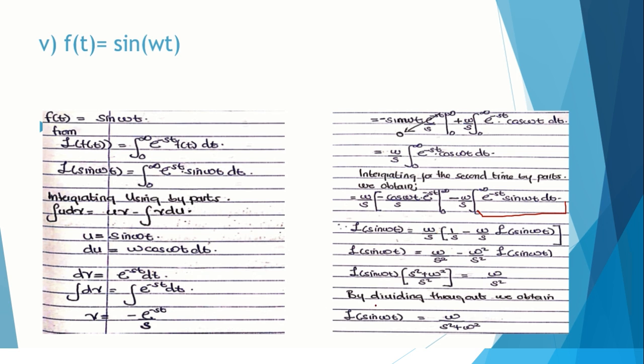And by solving, we are going to see that the Laplace of sine omega t is going to be equal to omega divided by s squared plus omega squared. That is, when asked to find the Laplace transform of sine omega t, it is always omega divided by s squared plus omega squared.